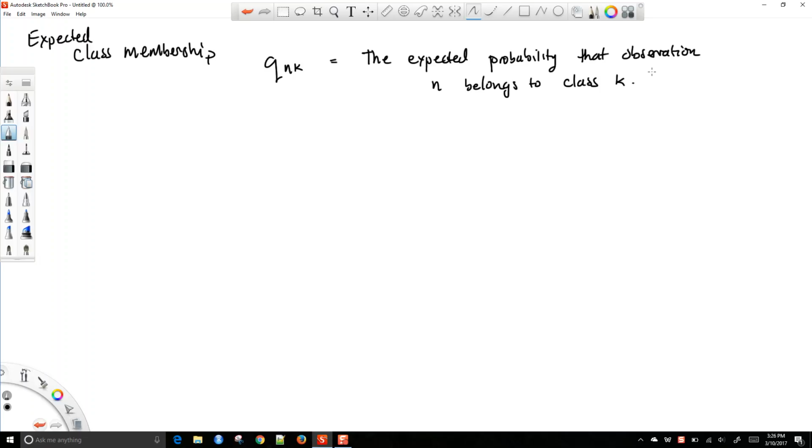So this works kind of like naive Bayes, and we can think of this as the probability that the membership z_nk is equal to 1.